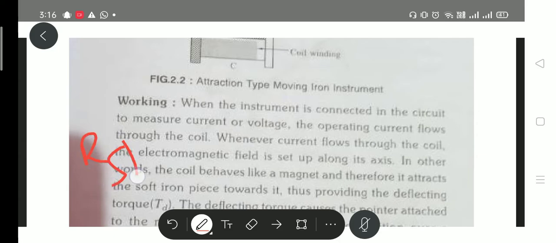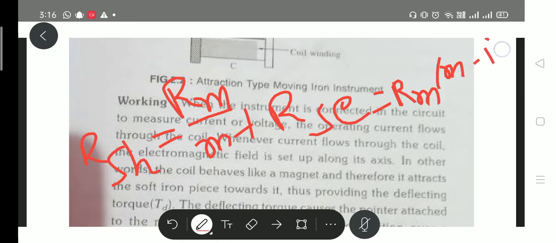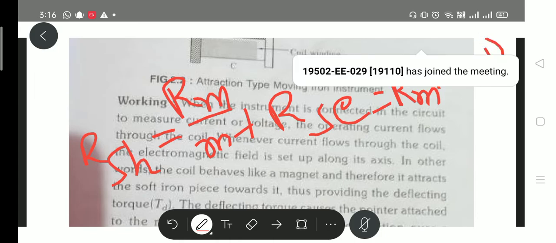RSH formula, does anyone remember RSH and RSE? RSH is equal to Rm by m minus 1, RSE is equal to Rm into m minus 1. From these formulas we discussed some problems, right?